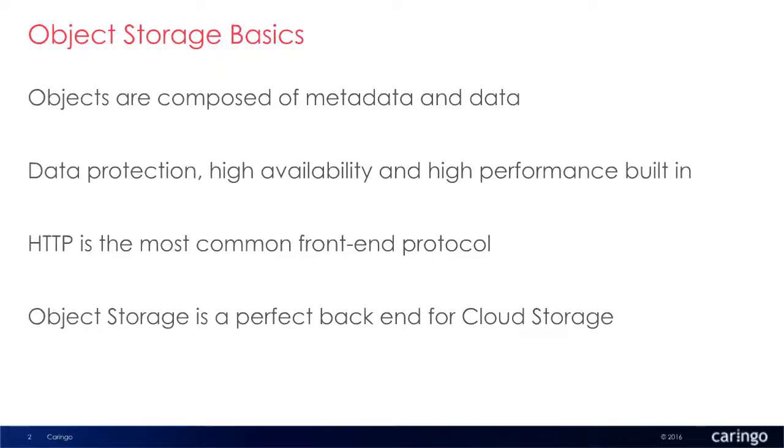You get high availability because the entire system is designed so that if any one aspect of it goes down, the other aspects are available, whether that's on-premise or at a DR location. And high performance is also built in, especially because these systems tend to be eventually consistent instead of strongly consistent.